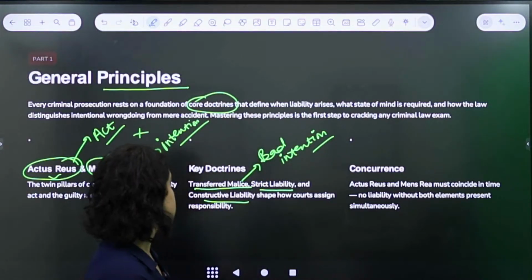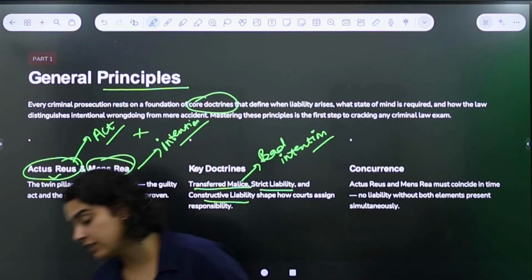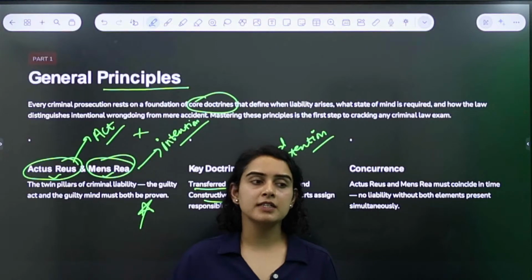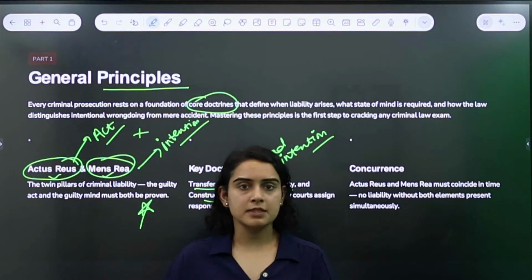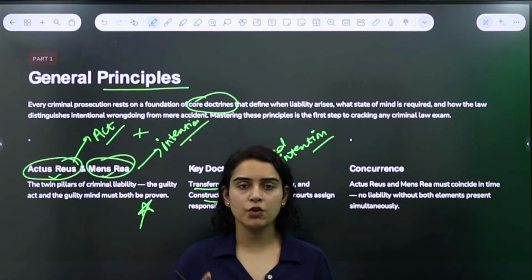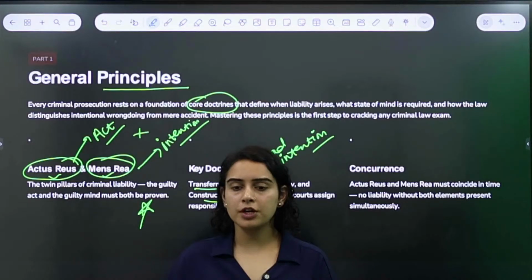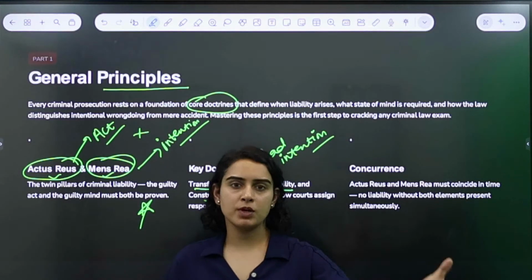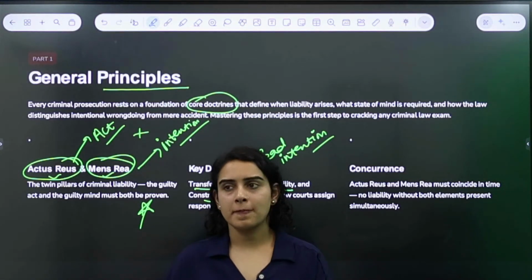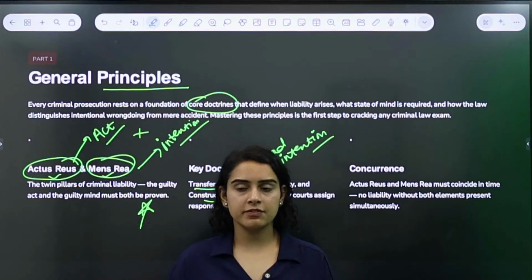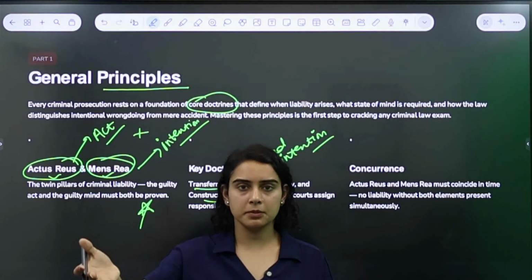Okay, so what we were discussing, yeah, we were discussing constructive liability. Constructive liability is when something has been done together, right? Doesn't matter if you have that intention or not. Now let's say you and two of your other friends wanted to commit a theft in someone's house. So you go to their house, and one of your friends, apart from just committing theft, also accidentally murders the other person.